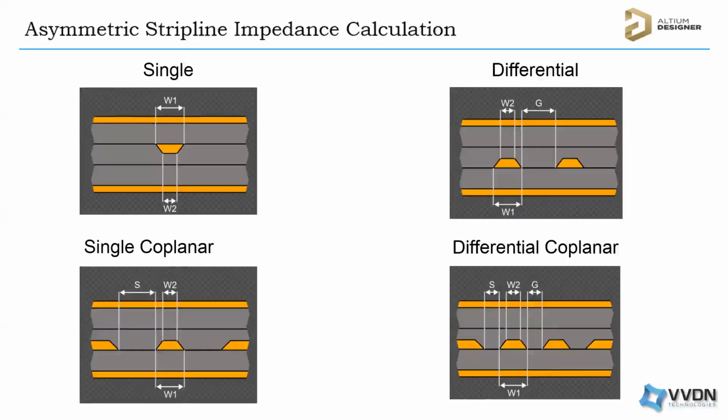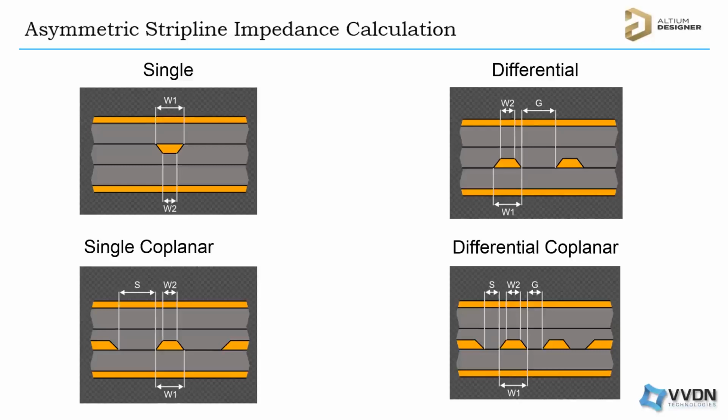Another one is asymmetric stripline impedance calculation. This is a huge improvement we made in the last few years for impedance simulation. Now we can do asymmetric stripline impedance calculation in our design, where the track is not in the middle of the two planes.